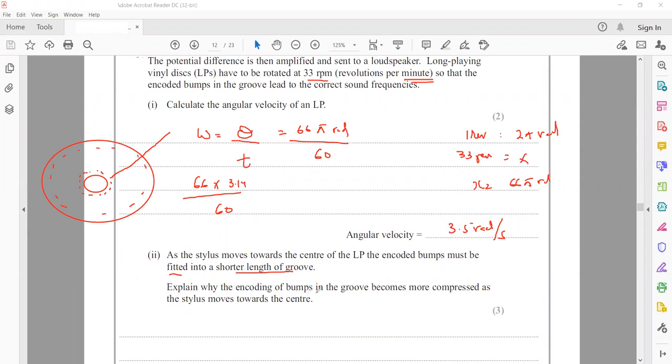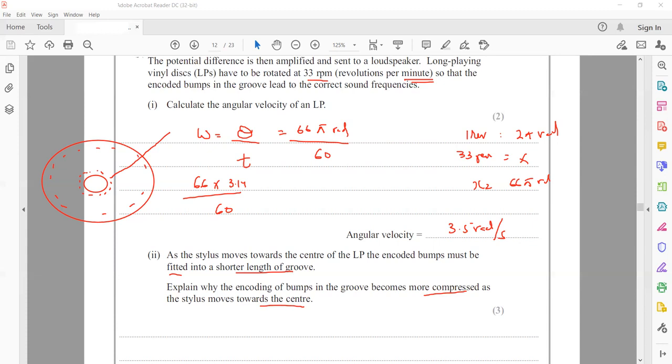Explain why the encoded bumps in the groove become more compressed as the stylus moves towards the center. Look, as the stylus is moving towards the center, it should produce a constant frequency, because otherwise if the frequency changes, then the sound will also change. So we want the same angular velocity, or we want it to complete a rotation in the same time.